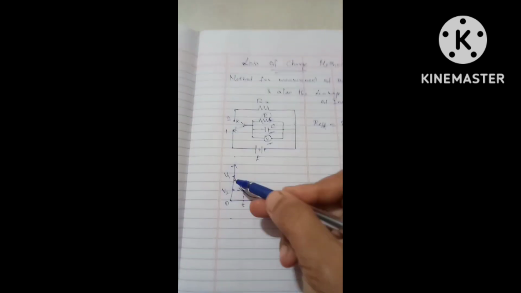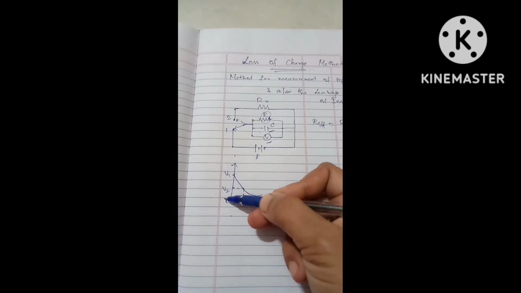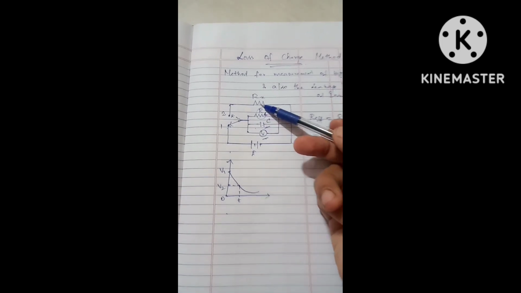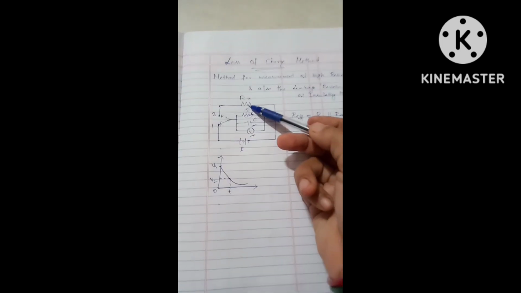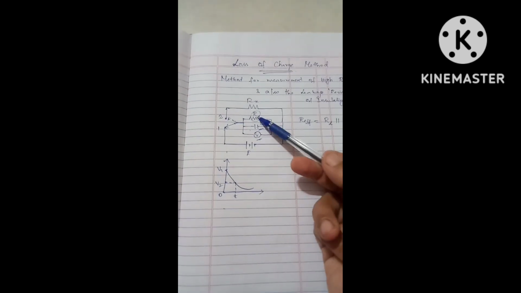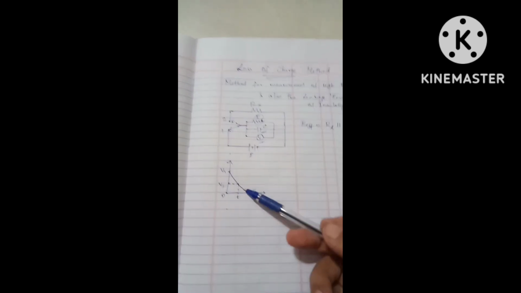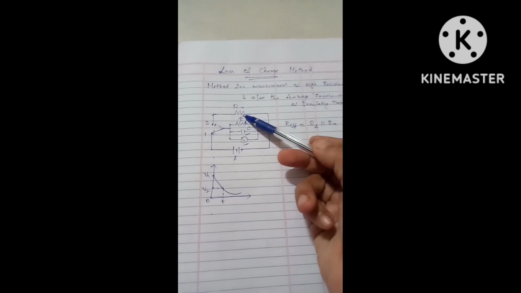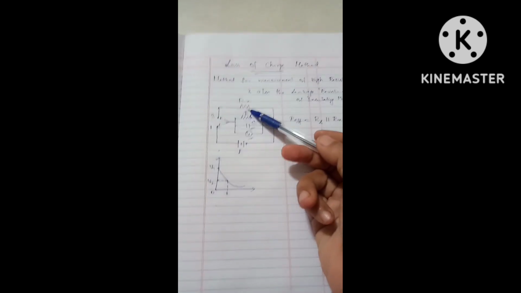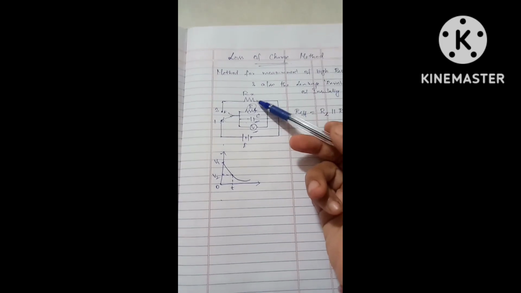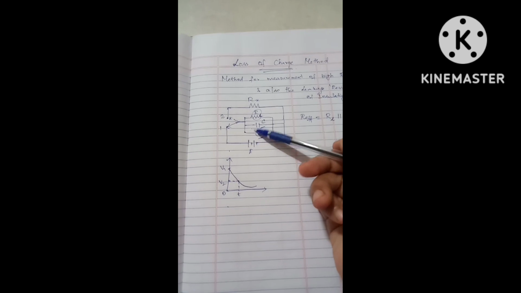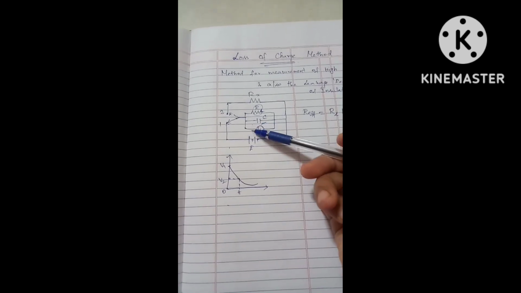There will be a drop in voltage from V1 to V2 due to the discharging of the capacitor through the unknown resistance Rx. So by means of this, we are going to measure the resistance present in this state, which is nothing but the leakage resistance of this circuit or the leakage resistance of insulators.